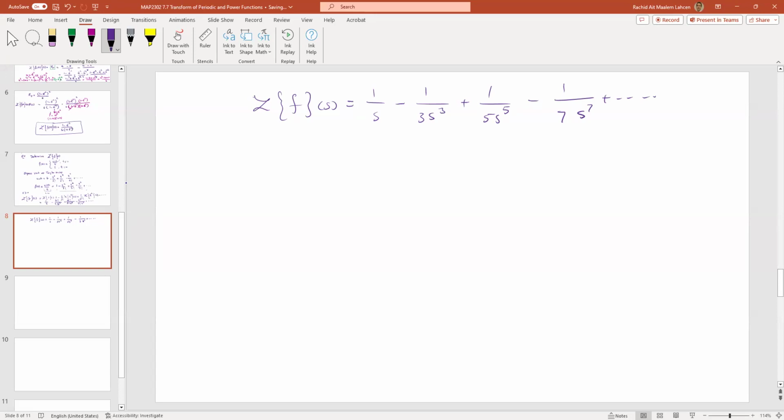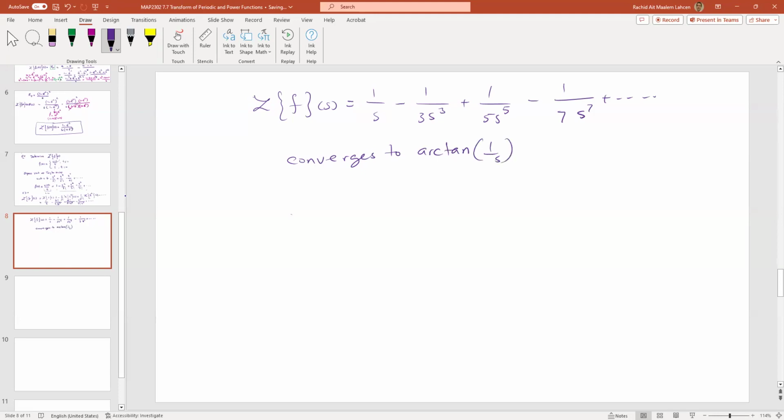With experience from previous calculus, you can also check what it converges to. And here it's going to converge to arctangent of 1 over s.